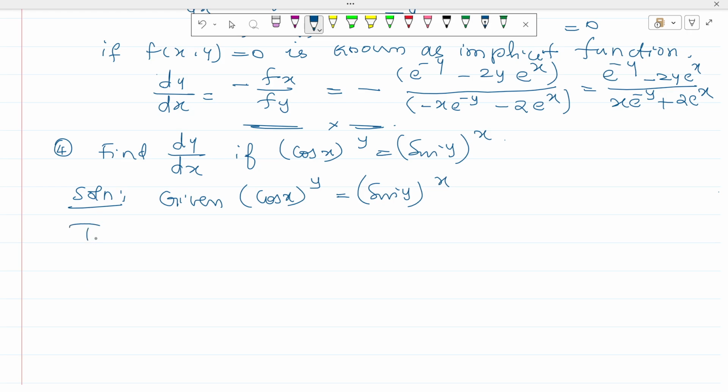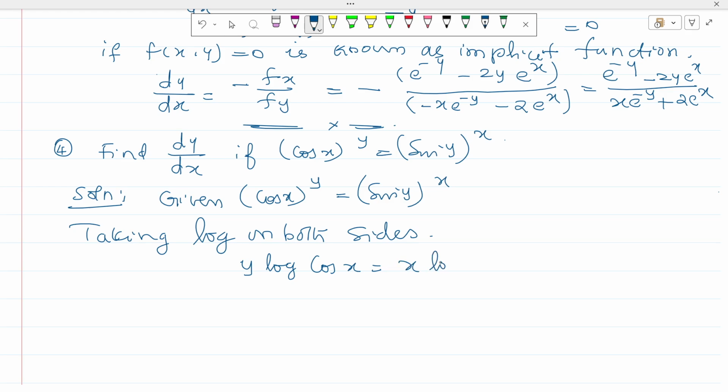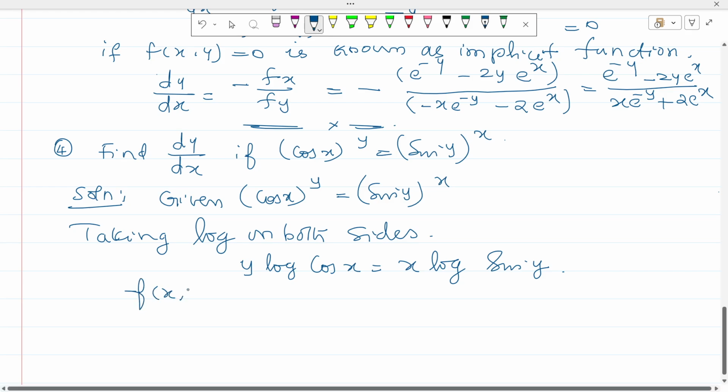If you are taking log on both sides, we will get y log cos x equal to x log sin y. So that is f(x,y) equal to 0 format.